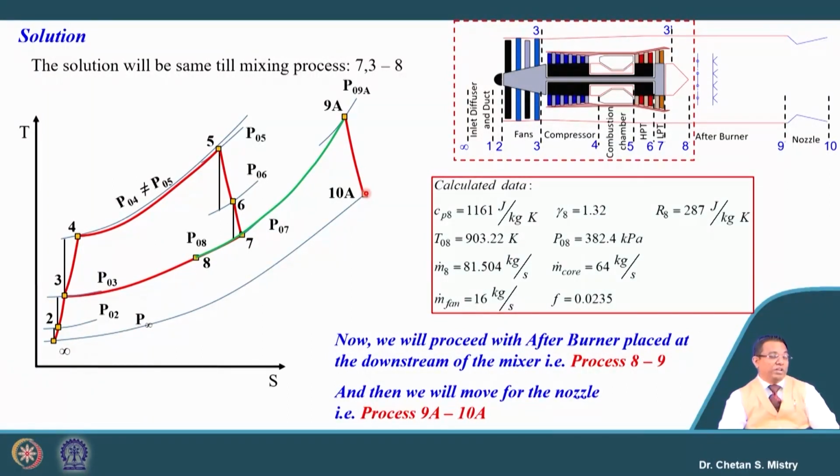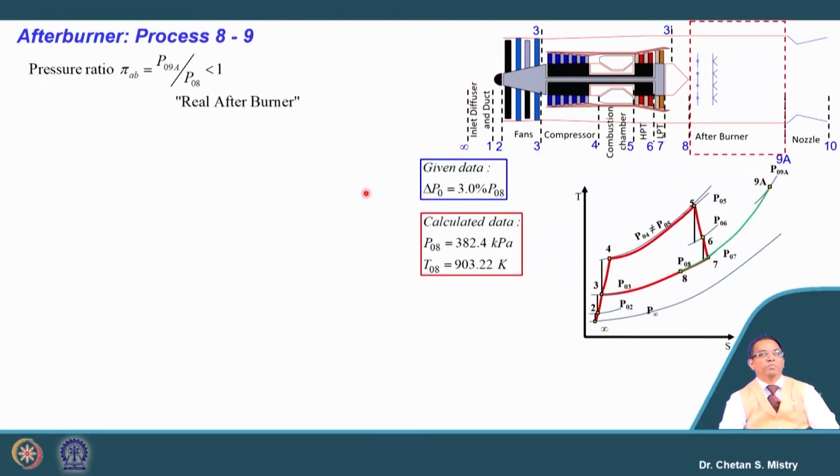This will be a very good numerical. We are solving it for ground condition without afterburner and with afterburner, and we will check the effect on the performance parameters. All these numericals are designed in such a way that you will have a detailed understanding of all the aspects. So, let us move on.